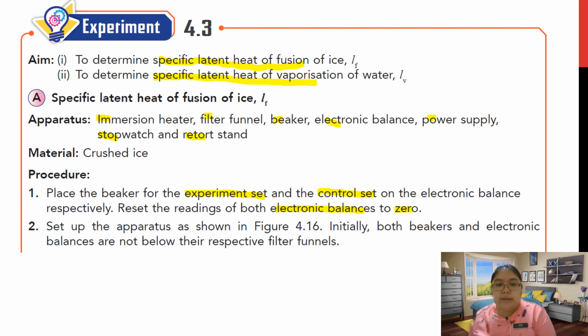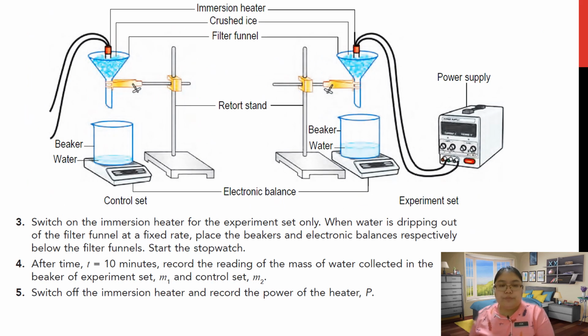Okay, now we're going to see the diagram here. We have two beakers and also the electronic balance. One is a control set, another one is an experiment set. What does control set mean, what does experiment set mean? Control set means they never join with the power supply. Experiment set means they will join with the power supply. But for the control set, you find that the ice still can be melted.